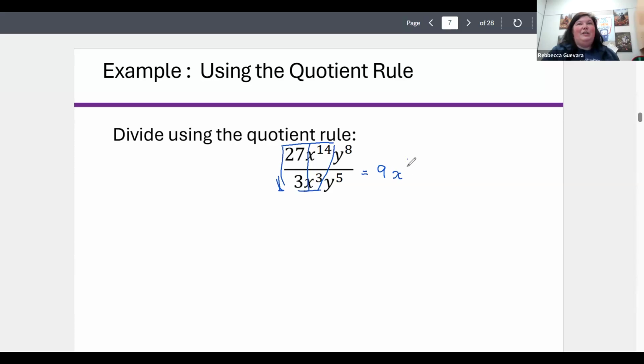Well, that's just x to the 14 minus 3. So remember, numerator exponent first, denominator exponent second. Then if we look at y, we've got y to the 8th and y to the 5th. So y to the 8th is on top and 5 is on the bottom. We're just going to have 9 times x to the 11, y to the power 3.